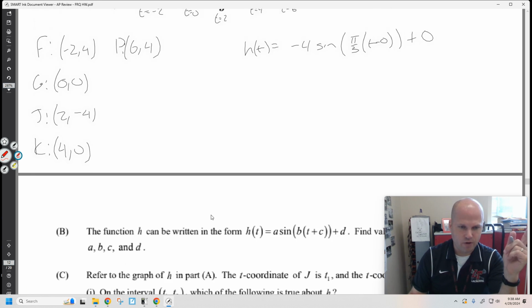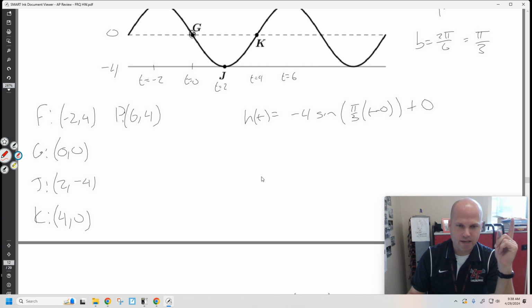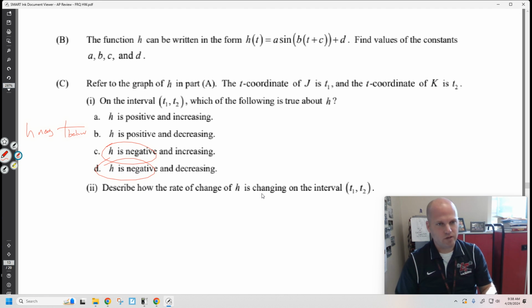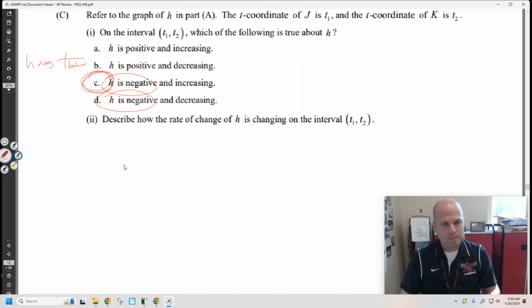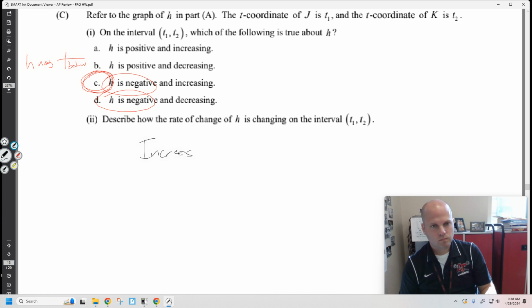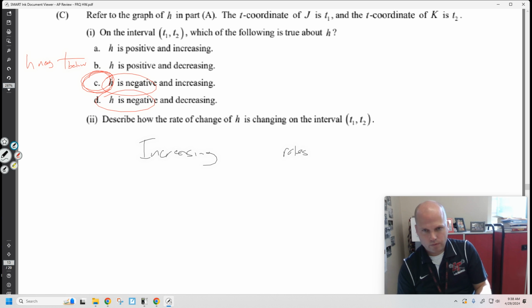But between J and K, H is negative and increasing. H is concave up, so the rates are increasing again. The rate of H is concave up.